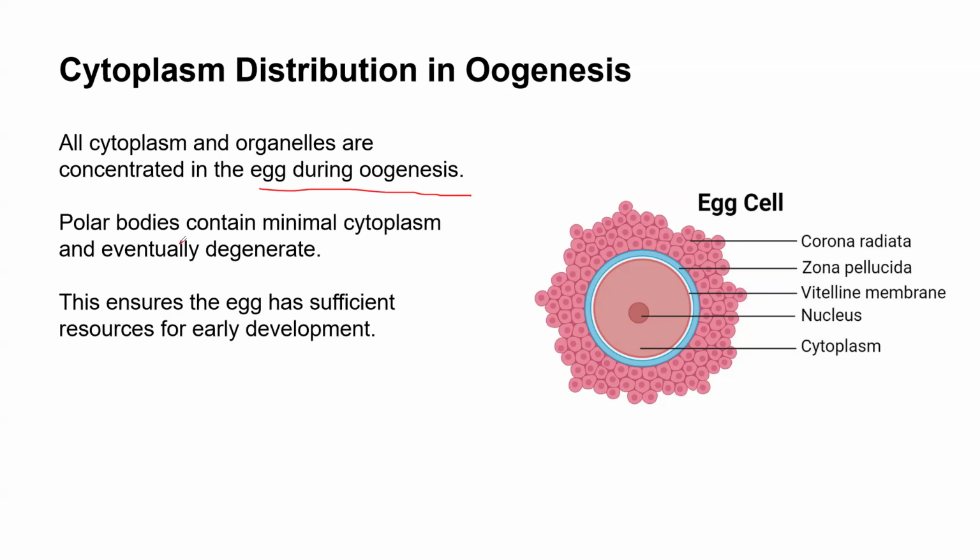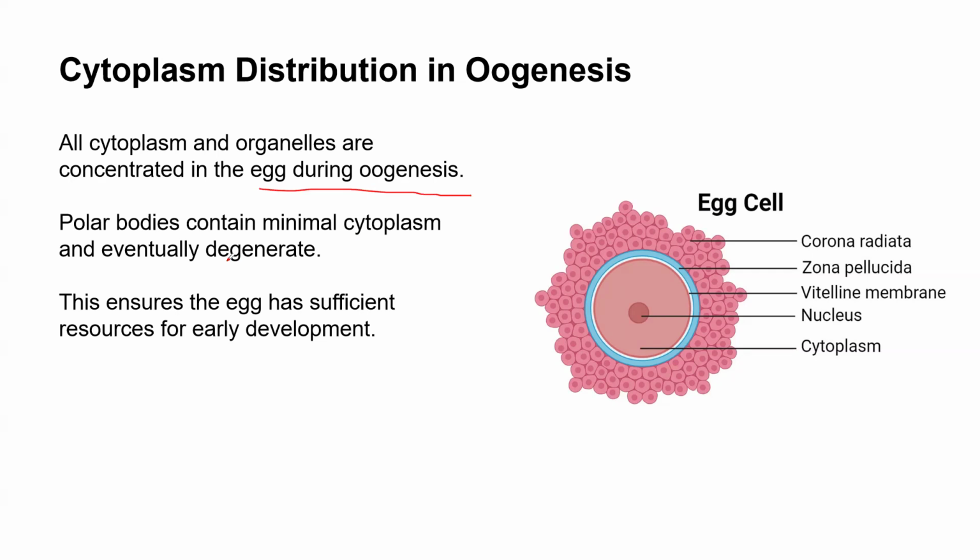The polar bodies contain minimal cytoplasm and eventually disintegrate, because they will not develop into eggs. And this ensures that, because all the cytoplasm and organelles are allocated to the egg, there will be sufficient resources, that is nutrients, for early development.